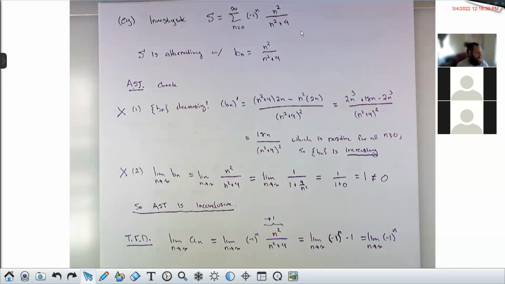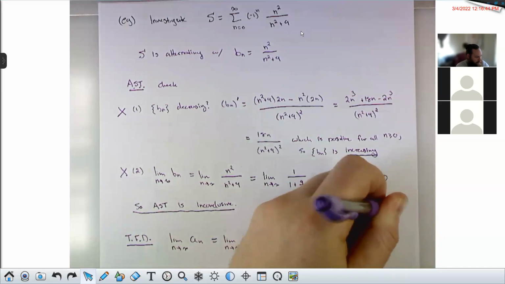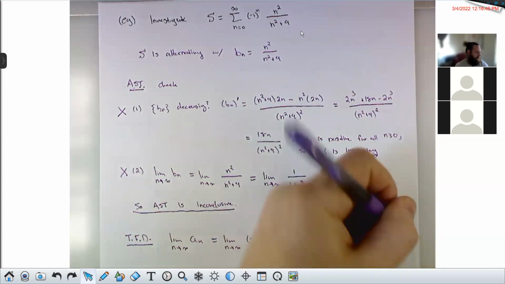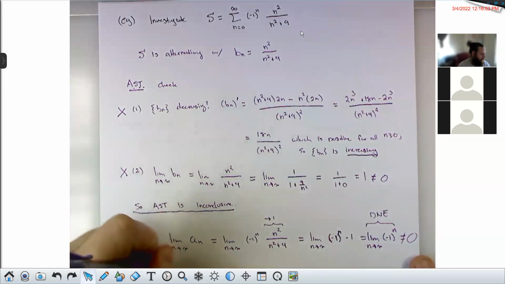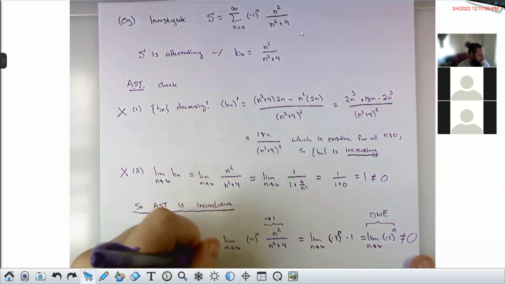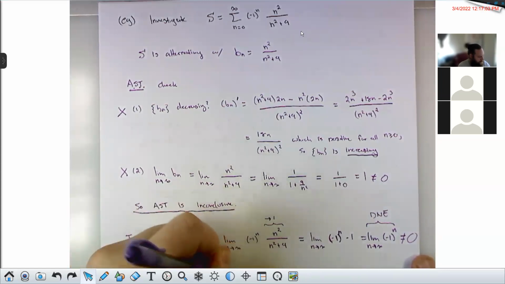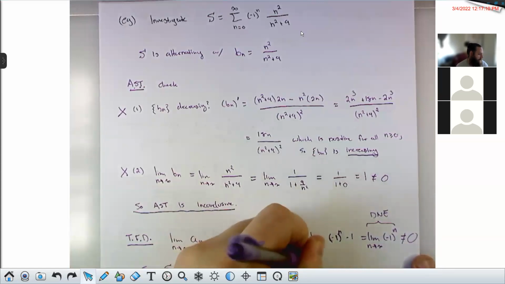Good. It does not exist. And that's different from being 0, isn't it? So by the test for divergence, the series S equals the sum from n equals 0 to infinity of negative 1 to the n times n squared over n squared plus 9 diverges by TFD.